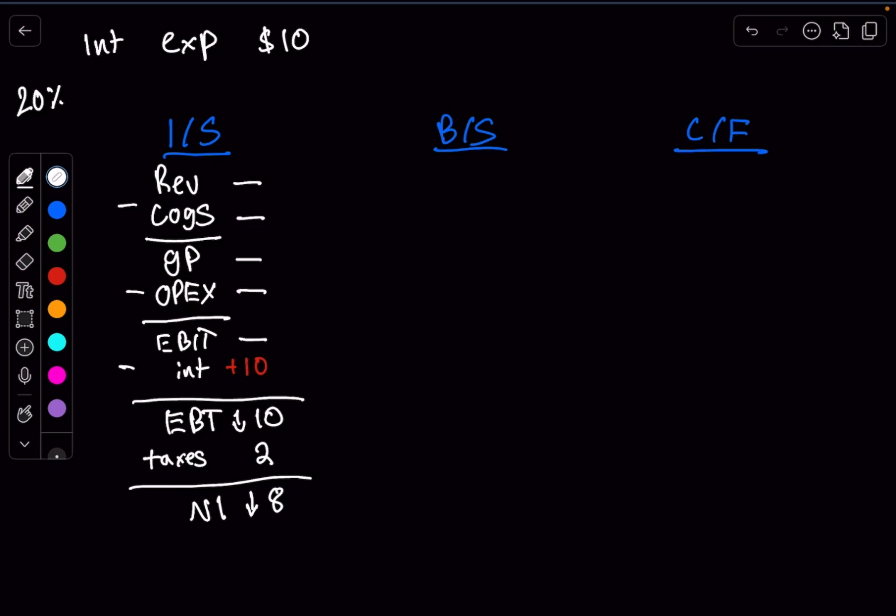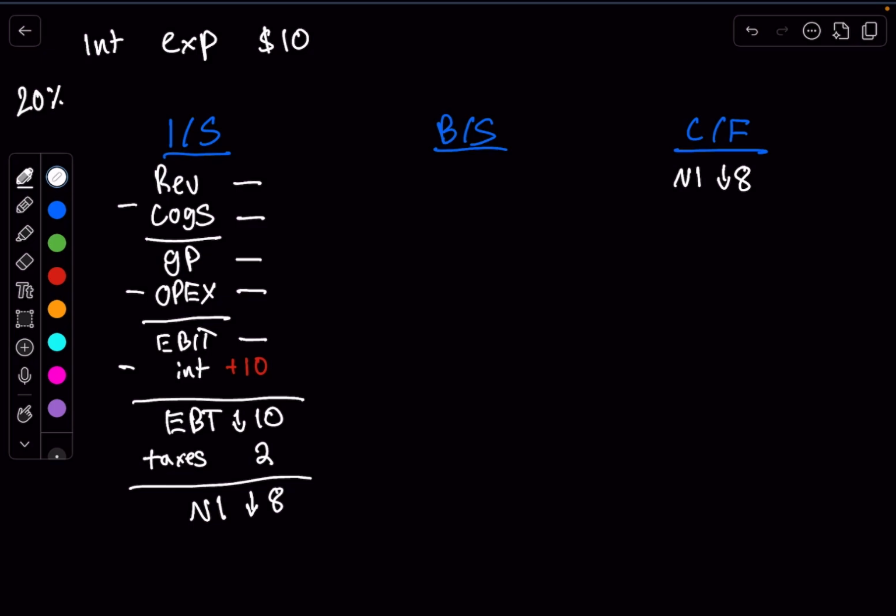Now we can go over to our cash flow statement. Now on our cash flow statement, we know that our net income starts down by 8, right? And now it depends as to whether or not we essentially paid off that interest expense with cash, right?